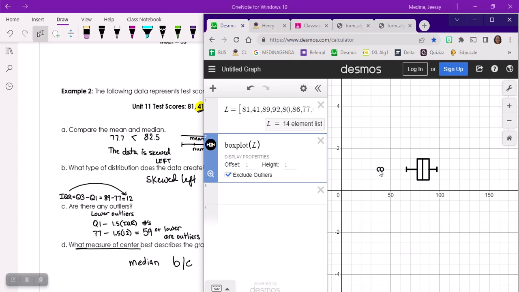And if you click on the circles, it tells you their values. So you know exactly which ones in the data are outliers. Which means we could have done this from the get-go to get our outliers. But then I wouldn't have been able to teach you how to calculate the outliers.